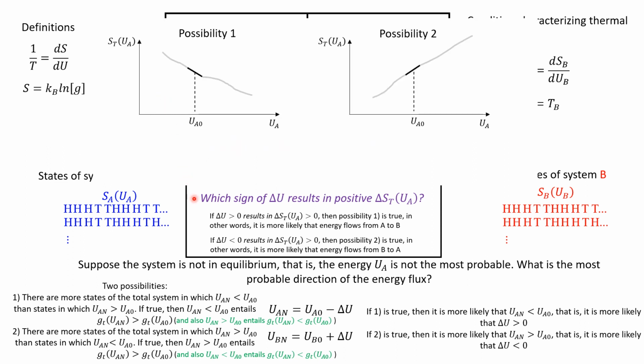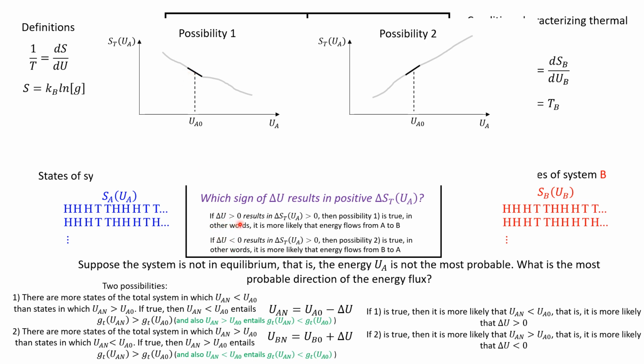And of course, we can also understand this by imagining a plot of the entropy against the energy. So if a positive delta U, recall that positive delta U means we are walking towards the left because of our definition. The new energy is equal to the initial energy minus delta U. So positive delta U, system A is losing energy, so we are walking towards the left.